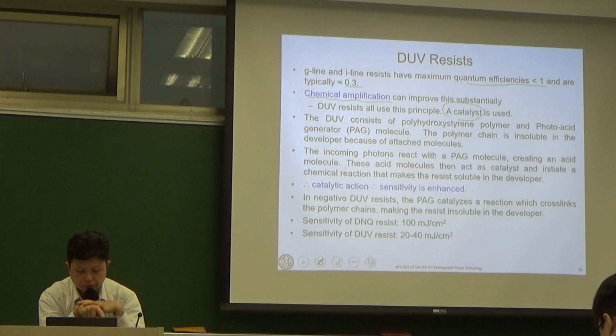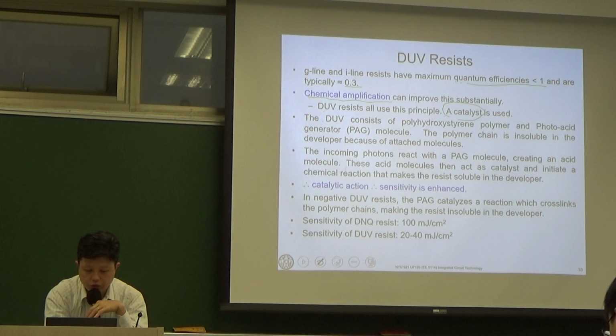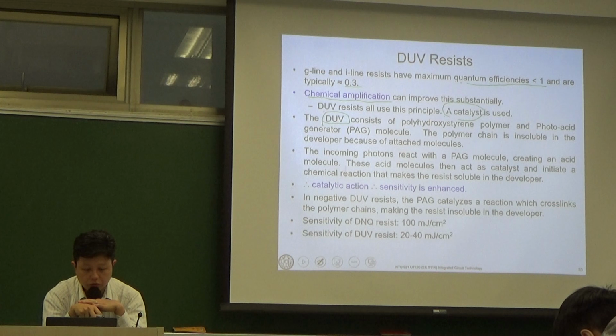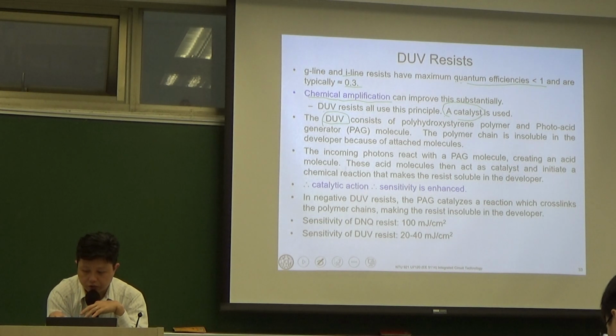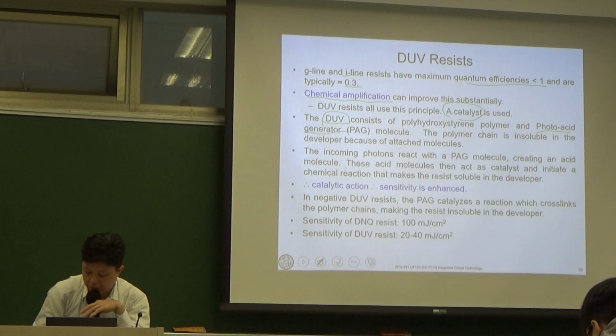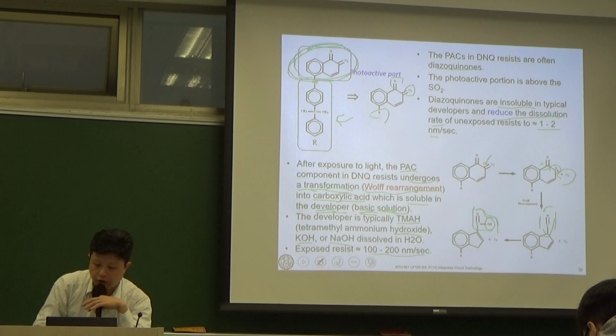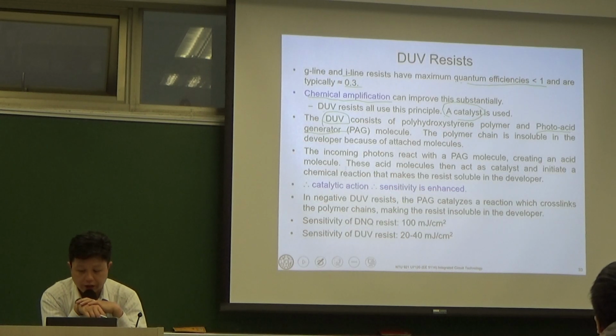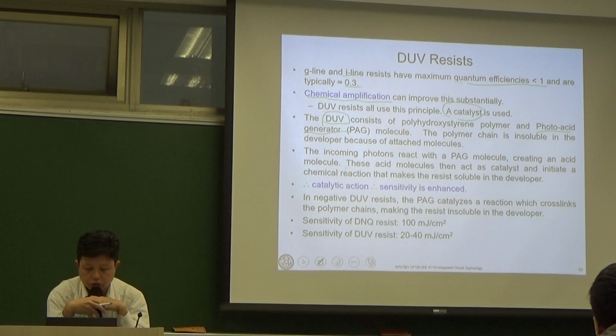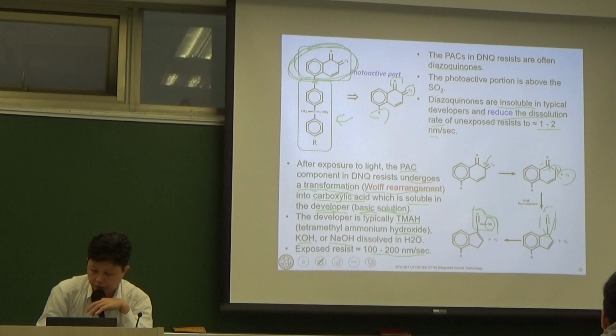these chemicals. Okay, and this DUV resist, DUV means the wavelength is even shorter compared to your G line, I line. This DUV resist, they have a PAG instead of the PAC photoactive component. We have a photoacid generator, PAG, molecule attached on your DUV resist. So this polymer chain is insoluble in the developer because these attached molecules are similar to the one we explained here.